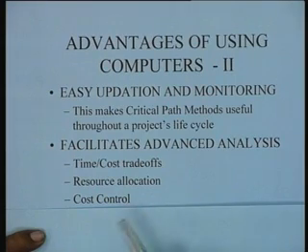Cost control is another area which has been popularized to a very large extent by the use of computers. For instance, if you were to use PERT cost and you were to monitor the status of the project at every month, say, once your initial budgeted cost and value curve is available, then all that it requires is that at each review you look at what activity, what fraction of the activity has been accomplished.